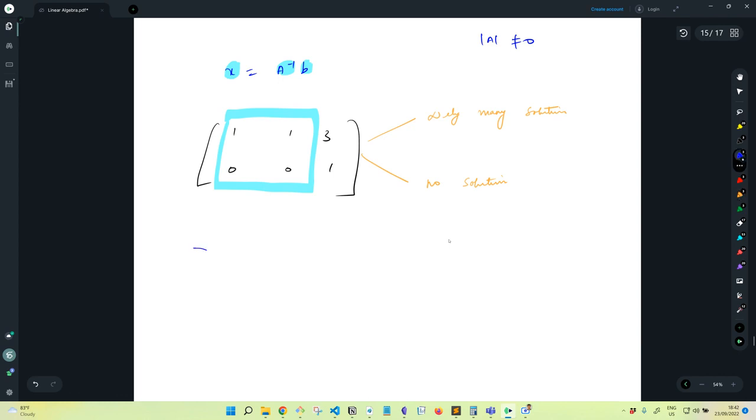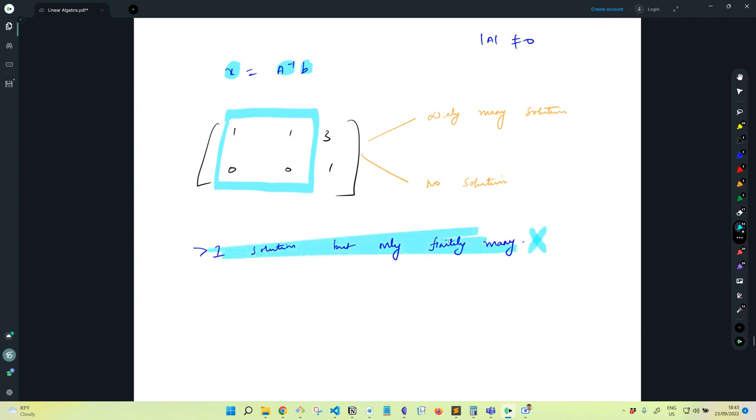So from these three conditions, you know that there exists no linear system that has greater than one solution but only finitely many. This case will never happen.